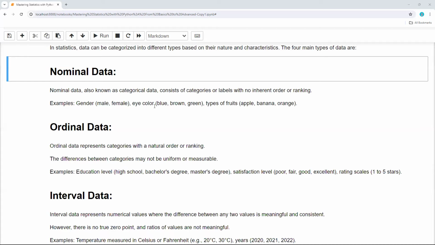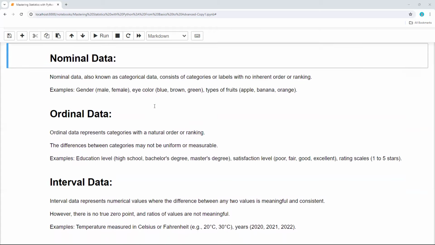It is categorical data, but there is no order. Type of fruits, apple, banana, orange: we cannot say apple is greater than, less than, or equal to banana. So nominal data is categorical data without any proper order.